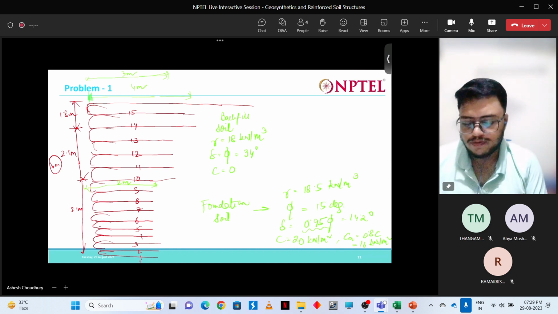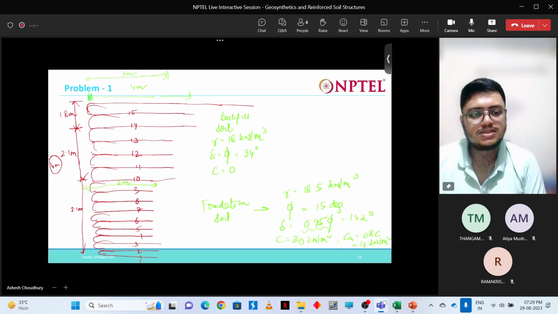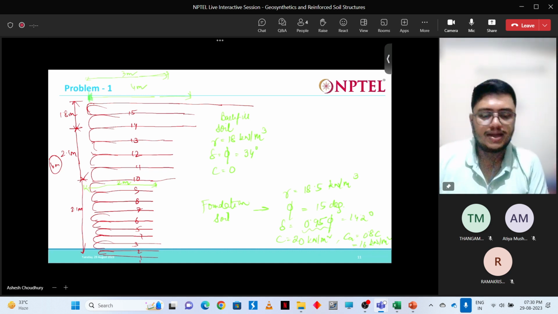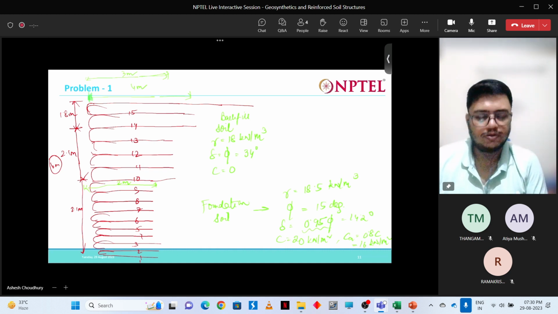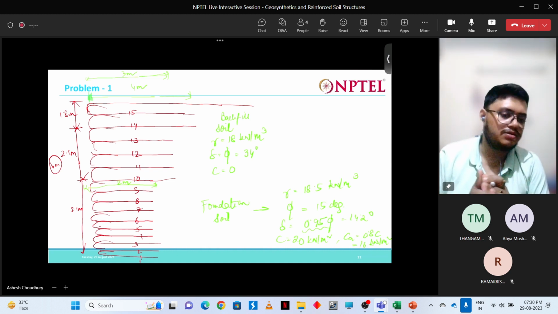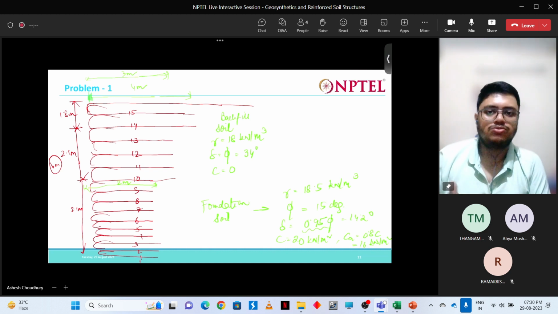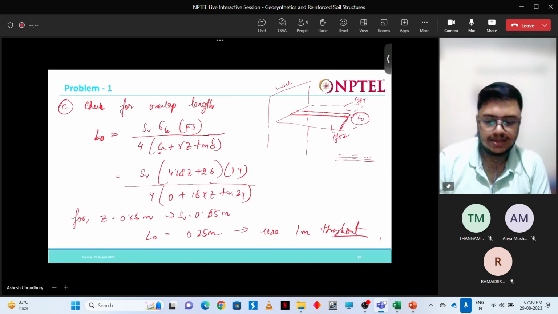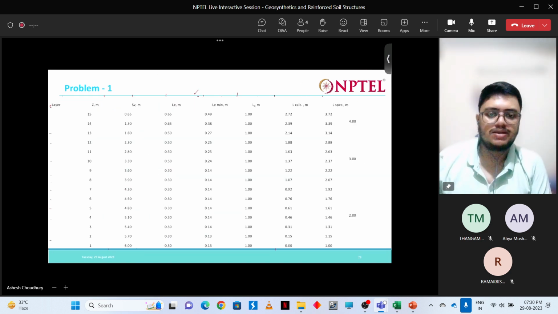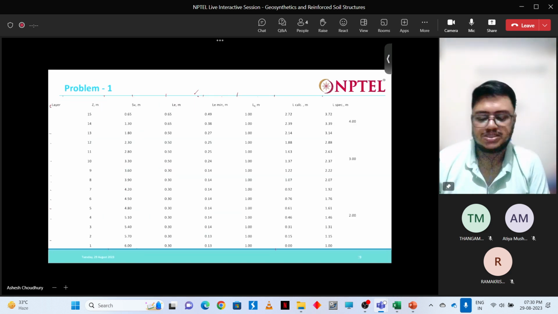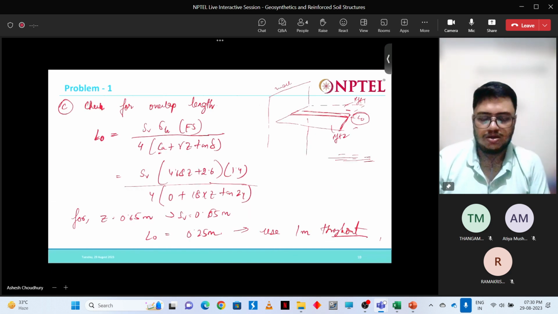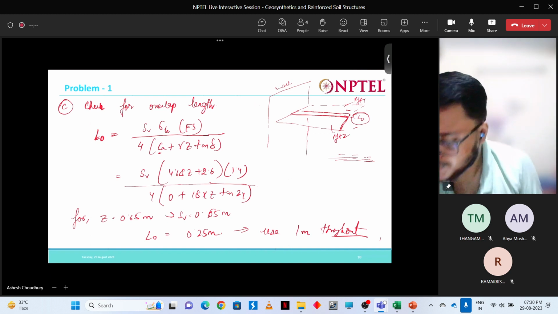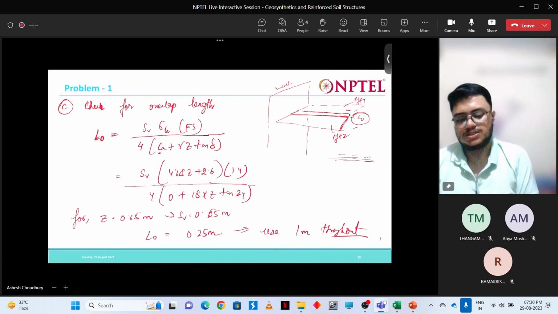What I suggest is that you do this part again by yourself. This is very easy. You can redraw this figure as per this table, whatever you have specified, and then try to solve it again.